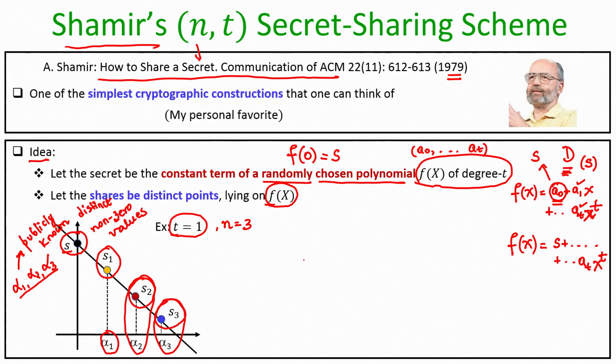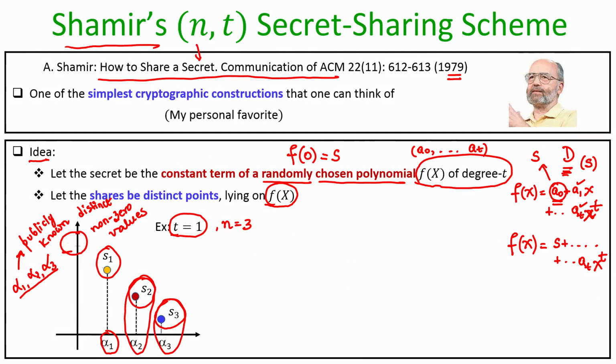Similarly, everyone will know that the second shareholder is getting the value of the dealer's straight line at x equal to alpha 2, and the third shareholder at x equal to alpha 3, because the steps of the algorithm are publicly known.